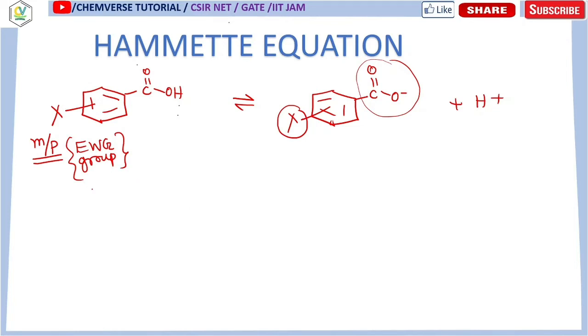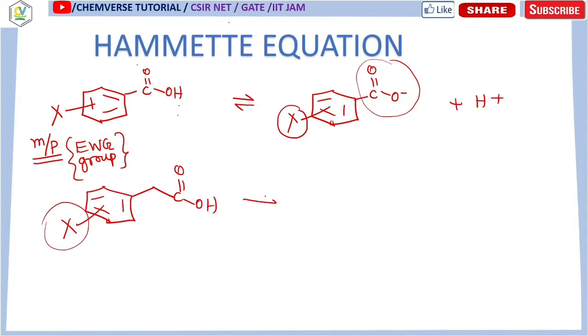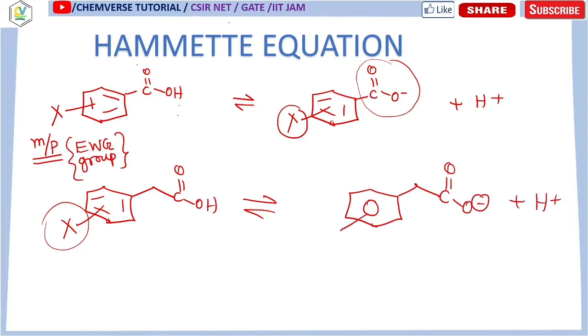Now I am taking another substrate which is something like this, taking the same electron withdrawing group, and I am just studying the reaction which is forming the conjugate base and the acid. Over here you can see the same thing is happening like the previous one.